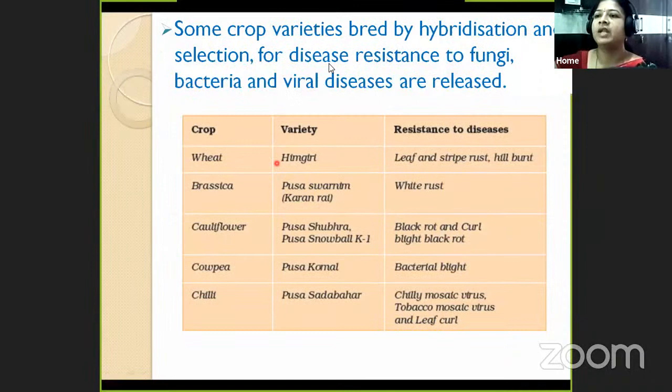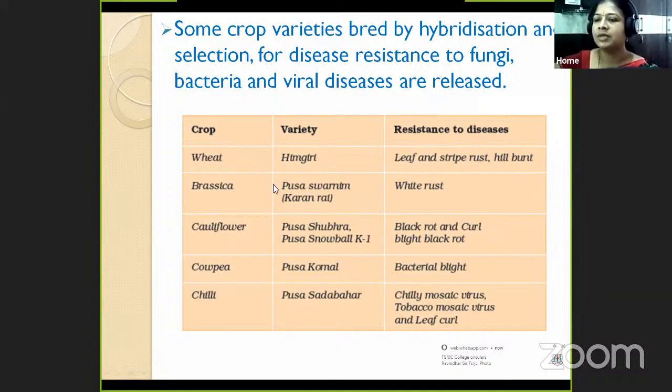Some crop varieties bred by hybridization and selection for disease resistance to fungi, bacteria, and viral diseases are released.